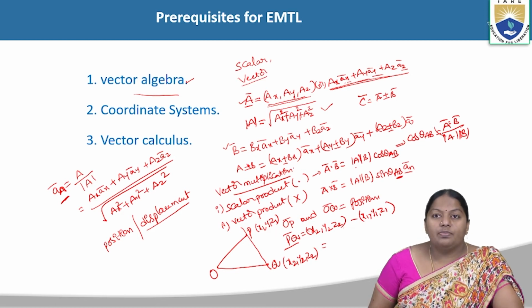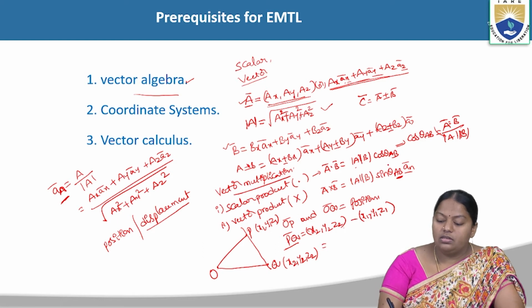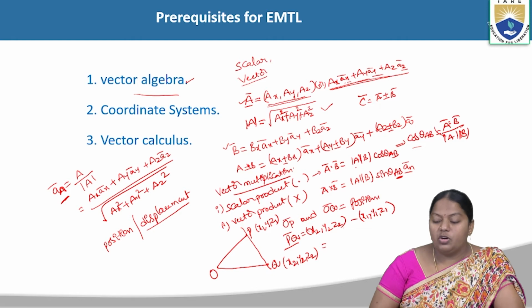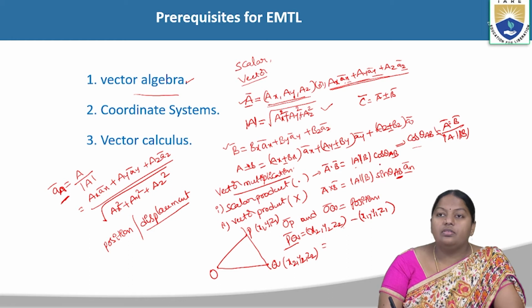Along with addition and subtraction, we also learnt vector multiplication, that is the scalar product and the vector product. The scalar product requires the dot product, and the formula is cos theta AB equal to A bar dot B bar by modulus of A into modulus of B. So to find the angle between A and B, we are supposed to consider either the dot product or the cross product formulas.